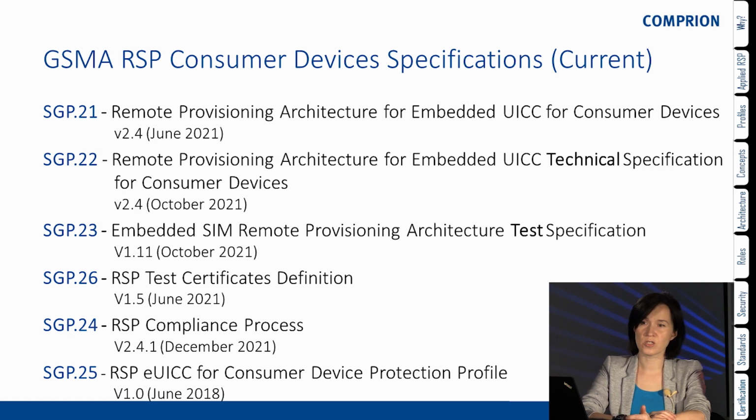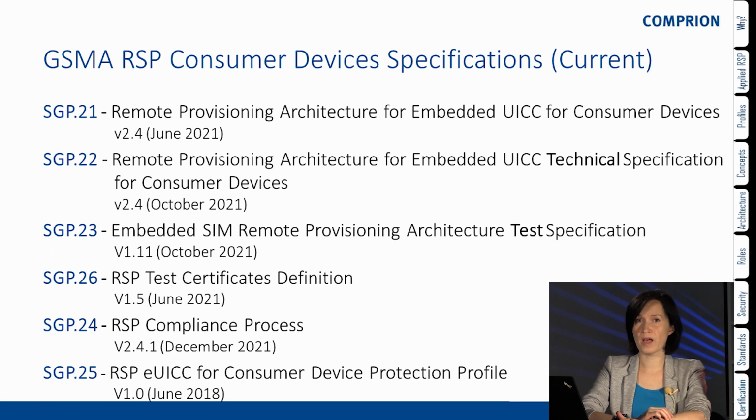This configuration is also defined in the SGP23 and also in the SGP11. For the SGP11, the definition of the certificates is given by Global Platform, while the SGP23 refers to the SGP26, which defines the test certificates to be used for testing of the eUICCs, devices and servers.